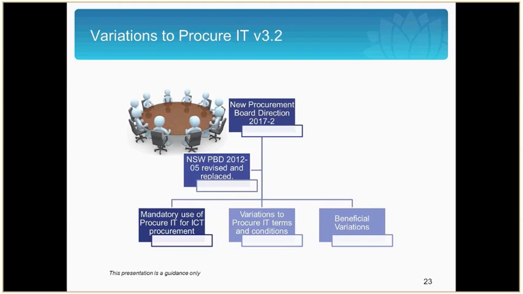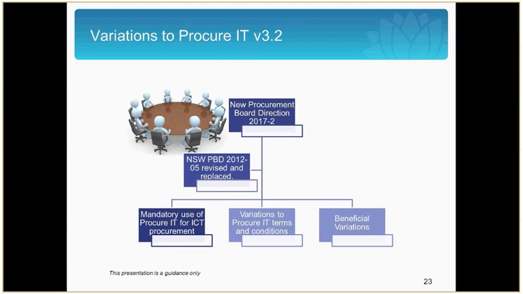Government agencies are not required to obtain approval by the Department of Finance, Services and Innovation for Procure IT variations which clearly improve the customer's contractual position. For instance, amendments improving or adding to the customer's legal rights.